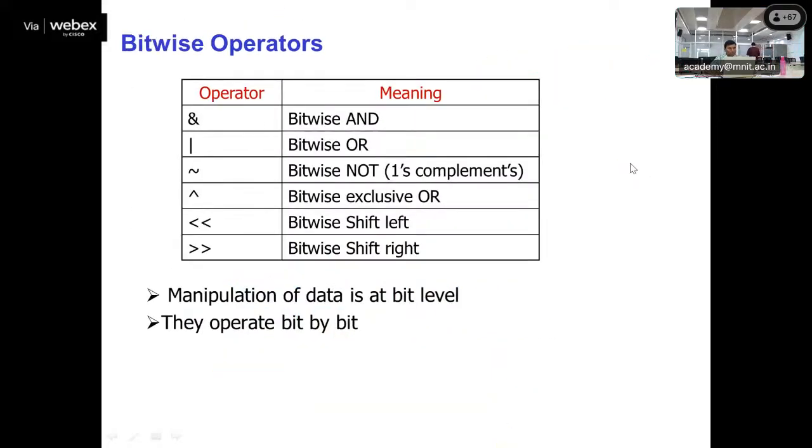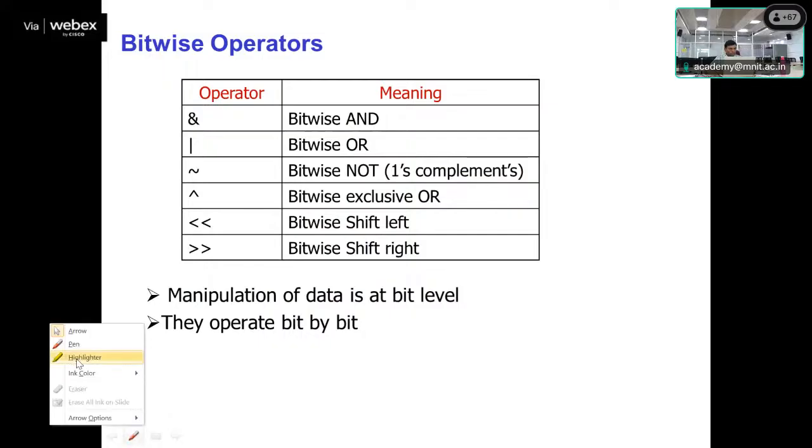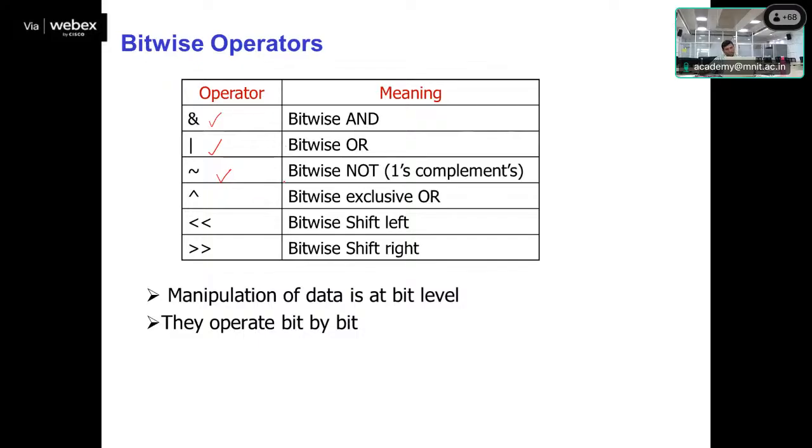Now we can check another important operator, which is known as the bitwise operator. So this is the bitwise AND operator, bitwise OR operator, bitwise NOT operator, and this is the exclusive OR.